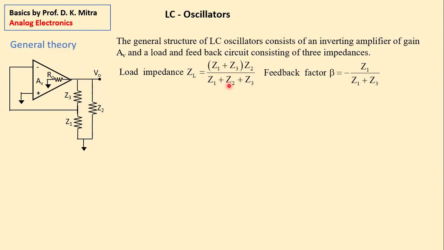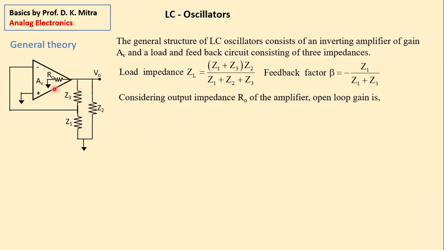Now, what is the feedback factor? The output potential VO is divided by Z1 and Z3, and the Z1 part is taken to the input. The feedback factor beta is Z1 divided by (Z1 plus Z3) with a negative sign because it goes to the negative input. So we have got the expression for load impedance and feedback factor.